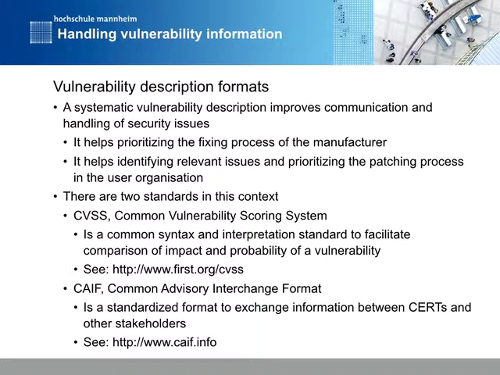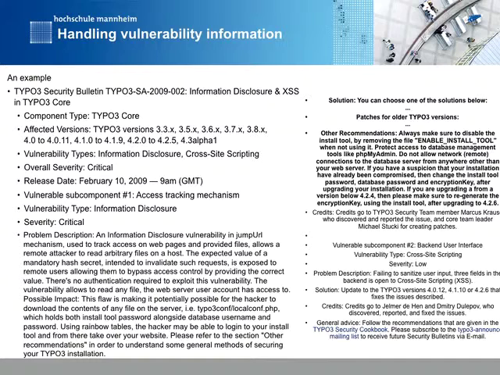Didn't tell anybody. There are vulnerability description formats. Today, CVSS, CVE, CWE are the standard ways of dealing with this. It looks like this, for example. This is a Typo3 vulnerability. Typo3 is a content management system often used at universities and public domain organizations.